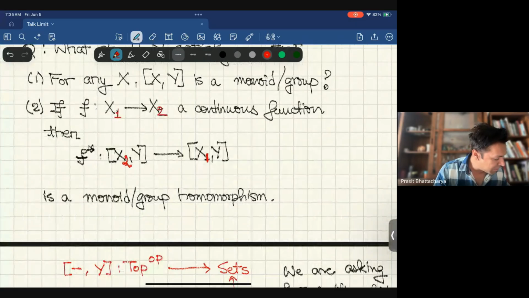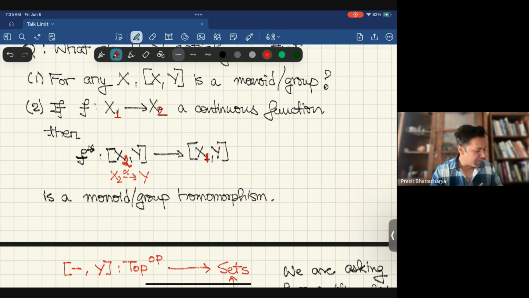Well, because if I have a map from x2 to y, call this alpha, then I can precompose by f and produce a map from x1 to y. So the map really goes in the backward direction. It is given by precomposition by f.